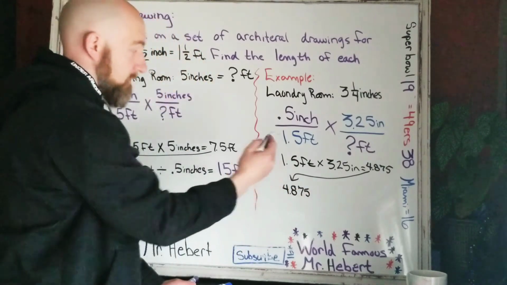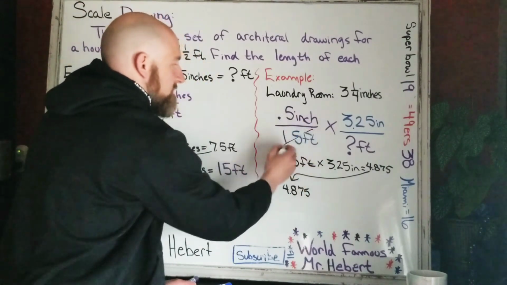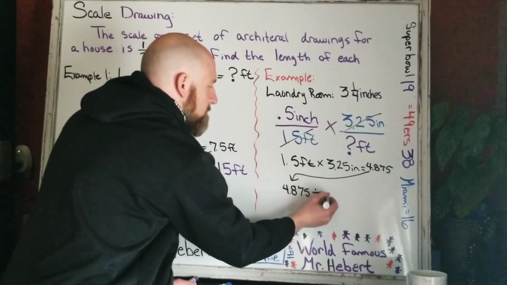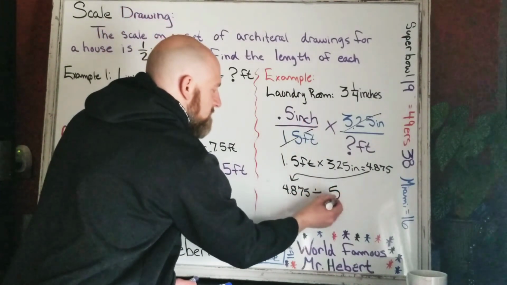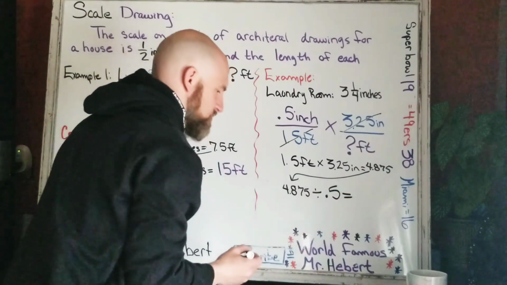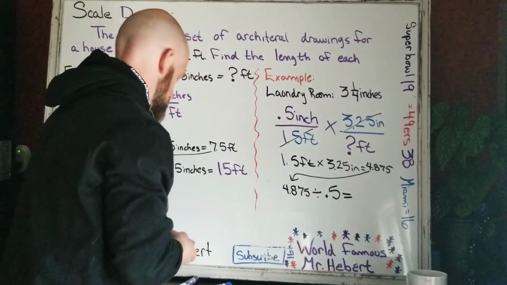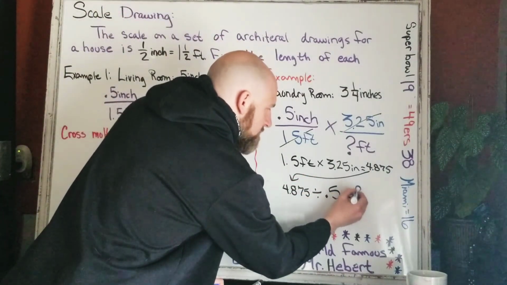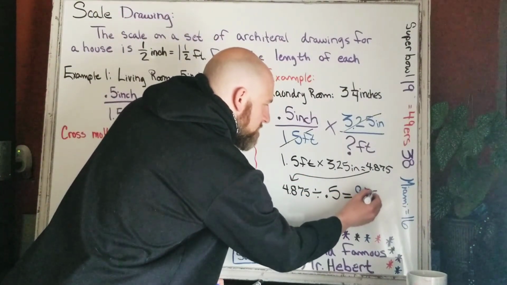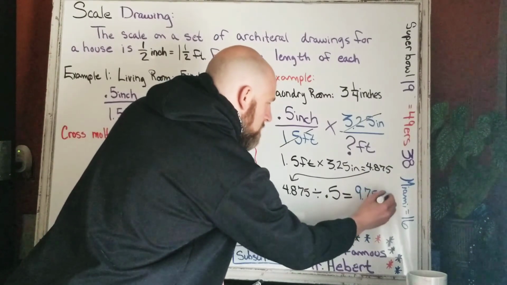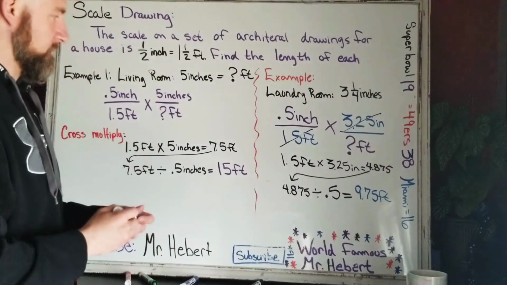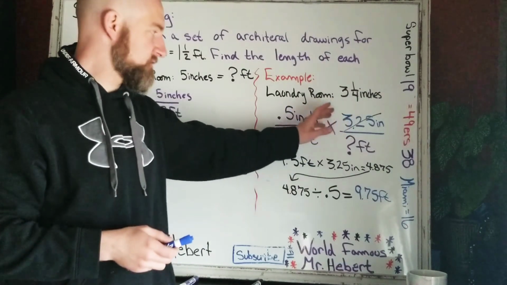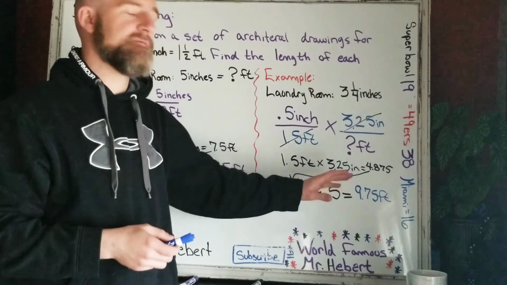Now we have to divide. We did this. Now we divide by 0.5. And that should equal 9.75 feet. So a room measuring 3.25 inches should equal 9.75 feet.